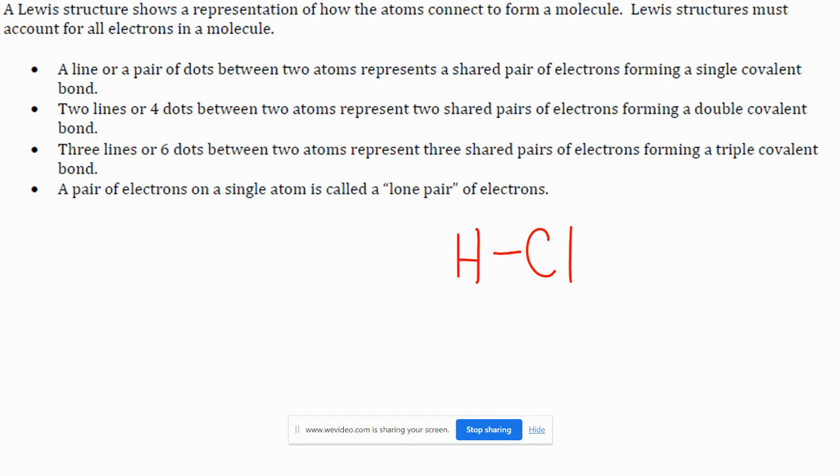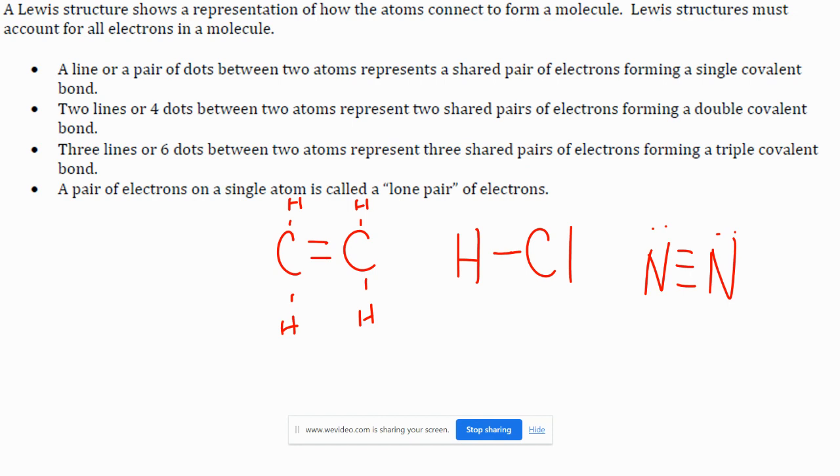If we have 2 lines between them, that means we have a double bond. So something like carbon, you might see a structure with carbon here where you've got a hydrogen up here with a single bond. This is a double bond. It's going to have 4 electrons holding that together. Then you can have a triple bond, like between nitrogens. That would be 6 electrons in a triple bond.